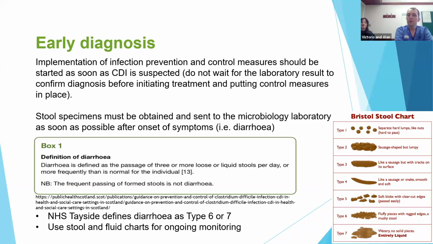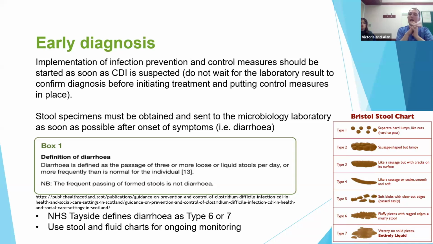As soon as we suspect anyone with diarrhea, but particularly a CDI, the infection control team will advise use of a stool chart and fluid charts. The stool chart makes sure we have an accurate record of how many episodes, and we also look at whether there's blood and mucus in it.